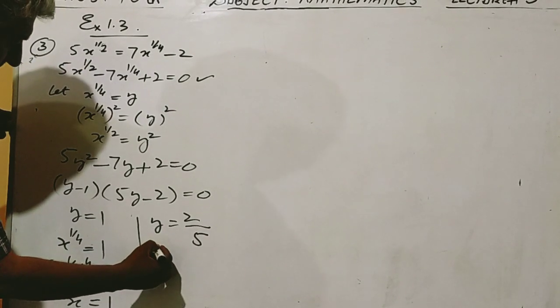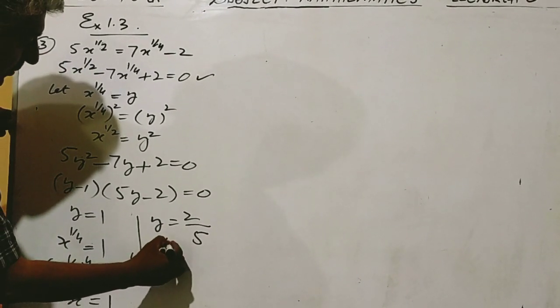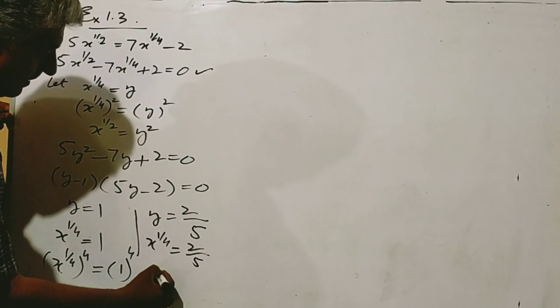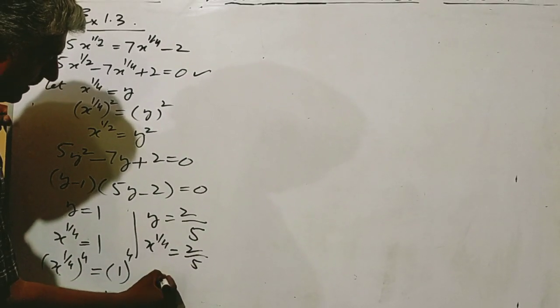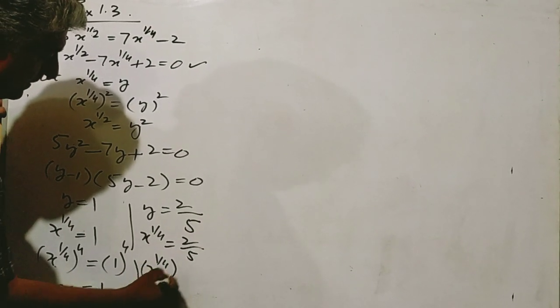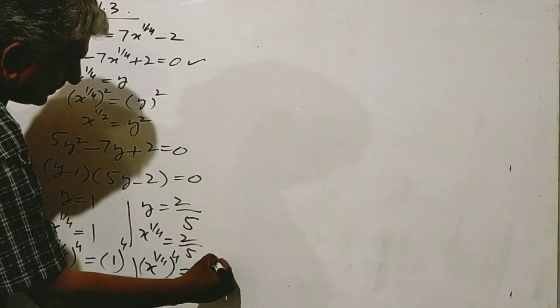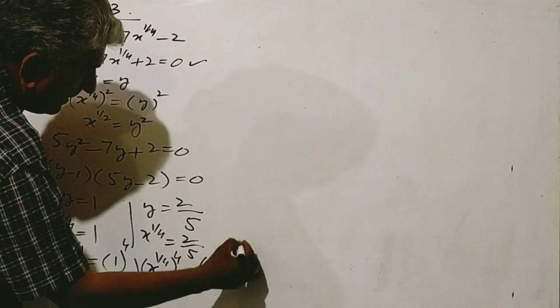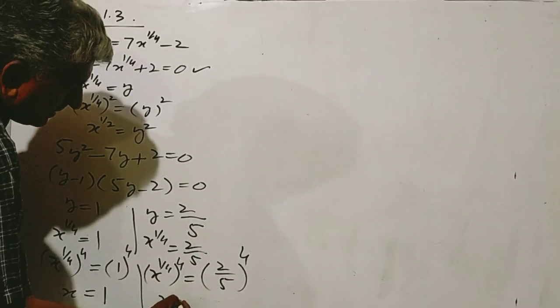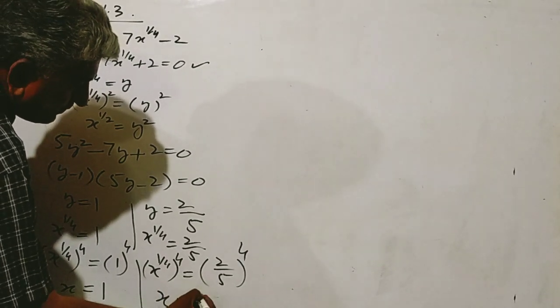In this case again, x^(1/4) is 2 upon 5. By taking power 4 on both sides, you will see that x is equal to (2/5) raised to power 4.